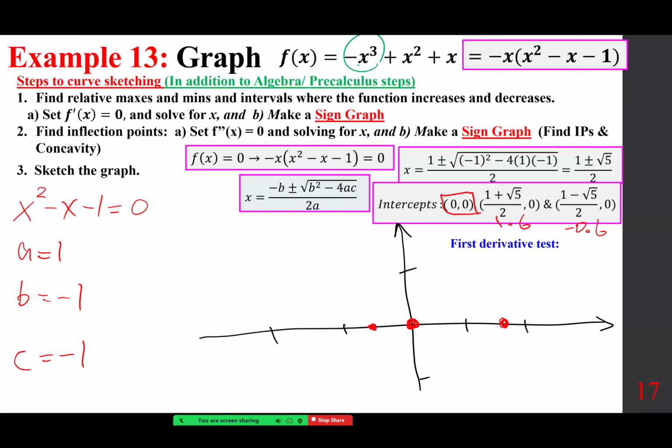Leading term minus x cubed. That means these arrows, the second and the fourth quadrant. Each x-intercept, by the way, it's degree 3. There are 3 x-intercepts. Each one has multiplicity 1, and therefore as we get to the x-intercepts, it crosses the x-axis.